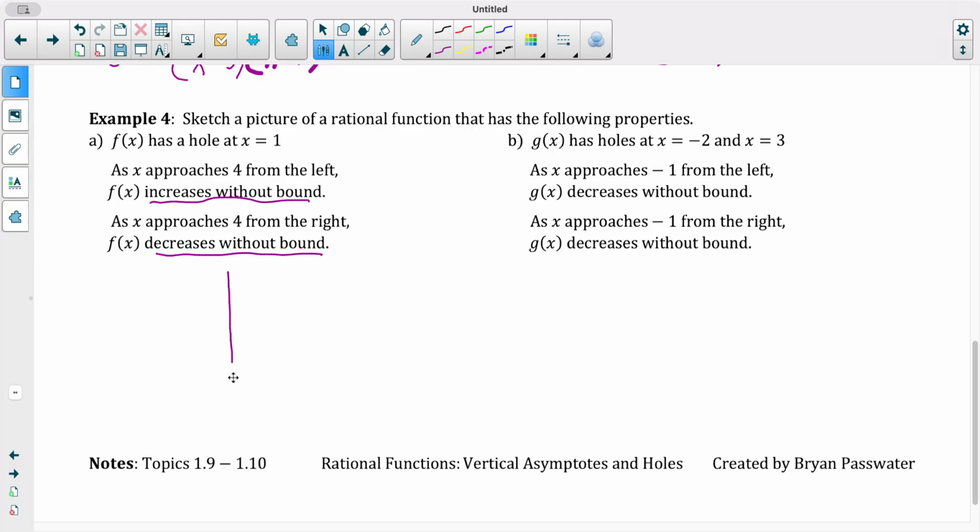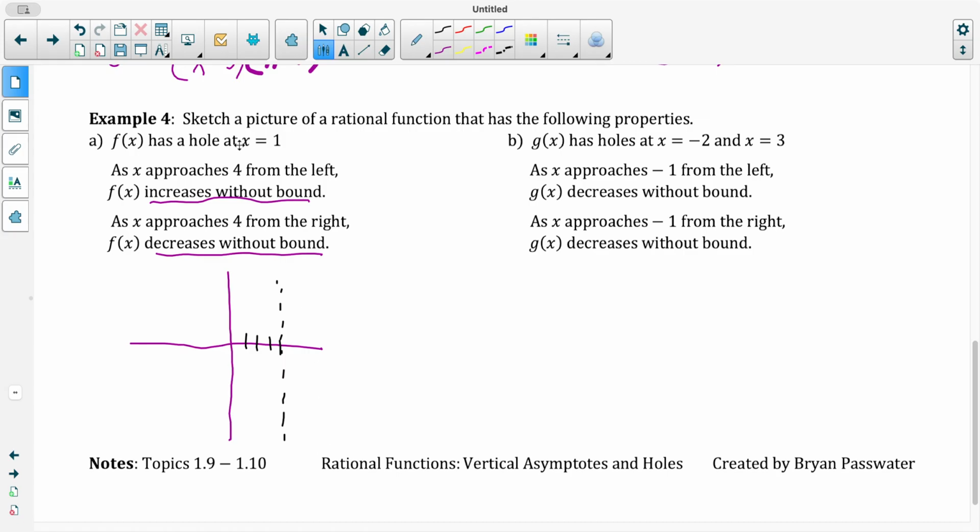Since you're increasing and decreasing without bound, you have an asymptote at 4. So let's put an asymptote at 4: 1, 2, 3, 4. As it comes from the left side, it increases, so this side's going up and this side's going down.